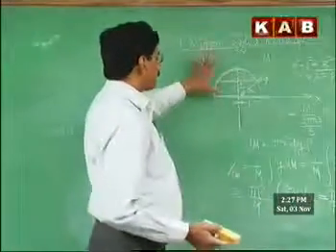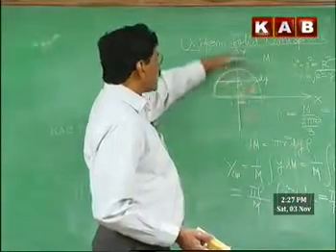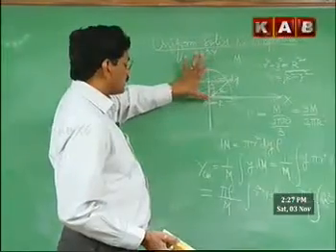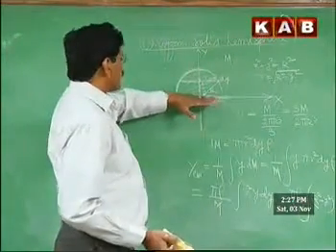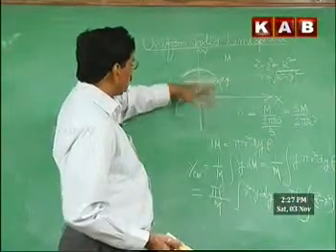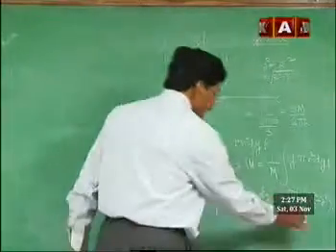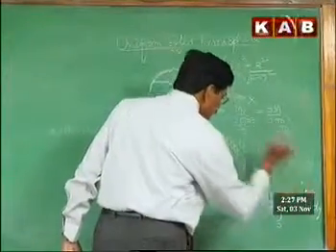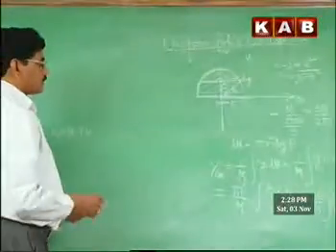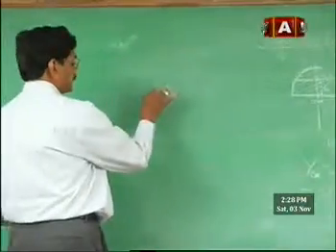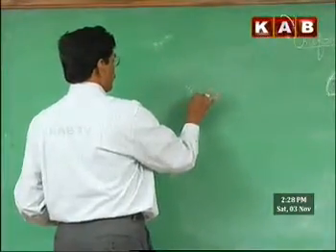What are the limits of variation? All the disks are in the hemisphere, ranging in y coordinate from 0 to R. Therefore, limits are 0 to R. So now we calculate the integration value YCM.